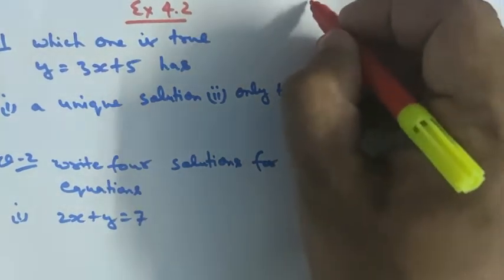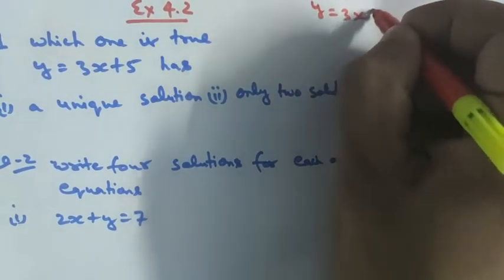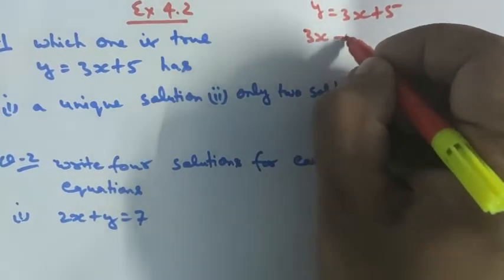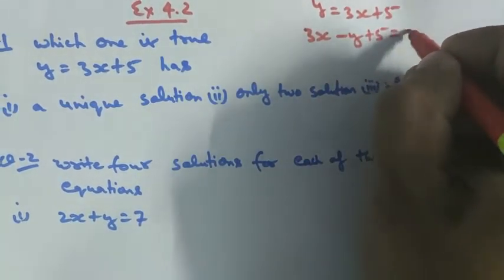y is equal to 3x plus 5 can be written as 3x minus y plus 5 equals 0.